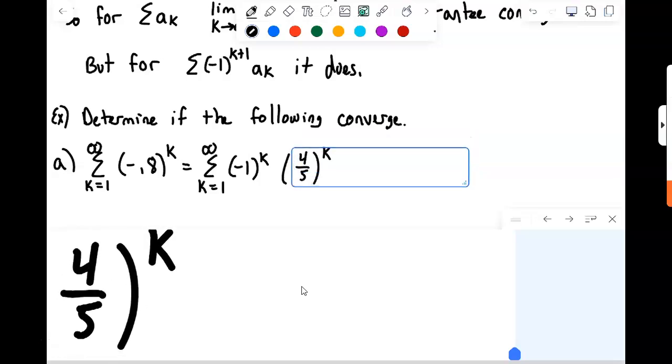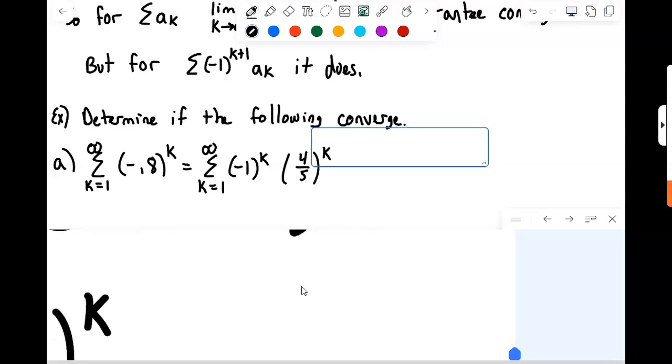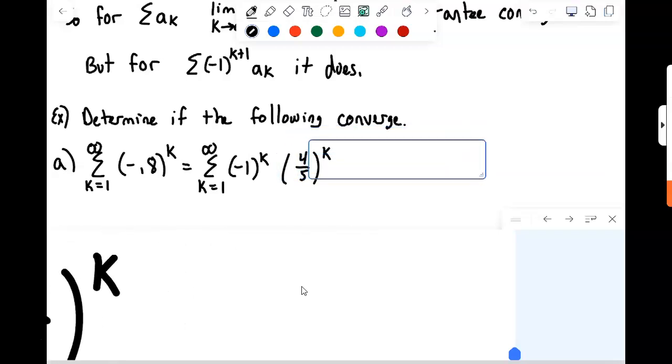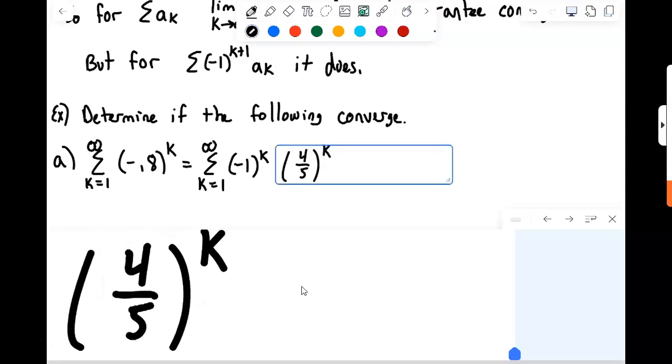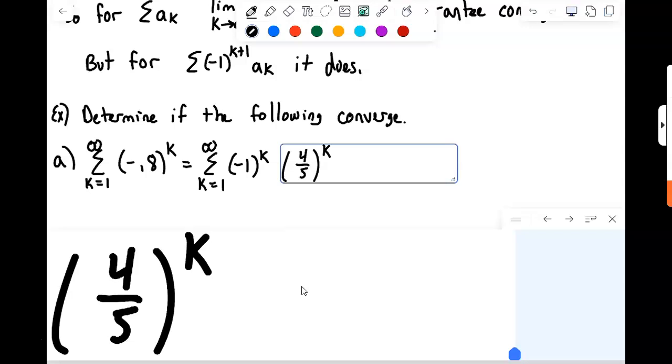So we very quickly notice that this sequence, 4/5 to the k, is definitely decreasing, because as you raise 4 to the k and 5 to the k, 5's growing faster than 4 is. So therefore this 4/5 to the k is actually a decreasing sequence.